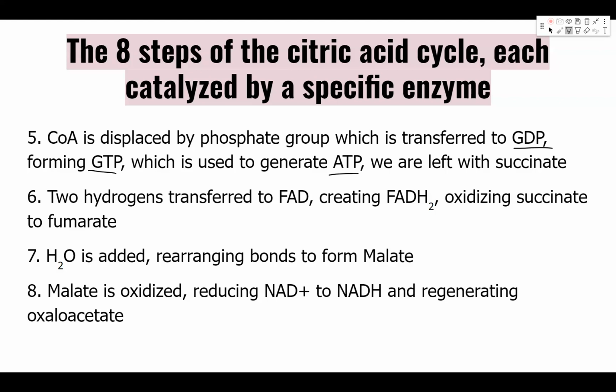From succinate, we are going to transfer some hydrogens from FAD to FADH2. So we're going to reduce FAD and oxidize succinate. When we do that, we get fumarate.